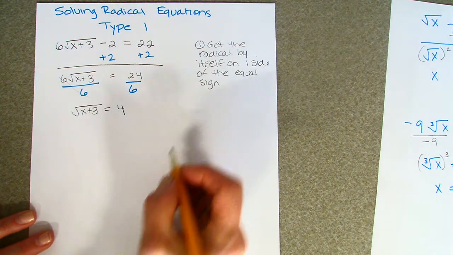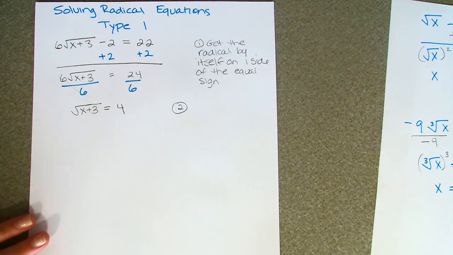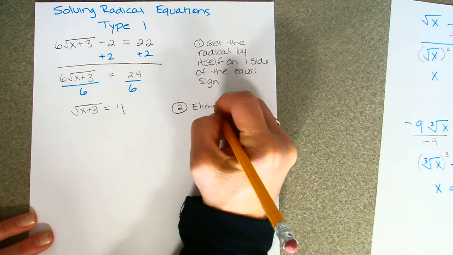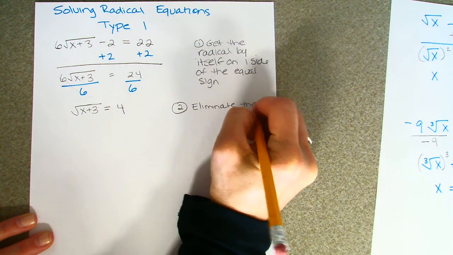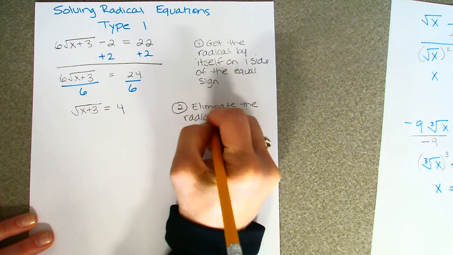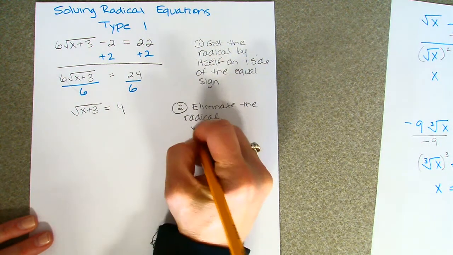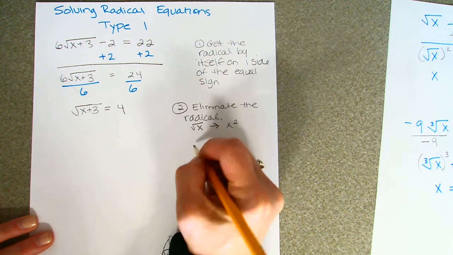So our next step is going to be to raise each side of the equation to the same exponent to eliminate the radical. So here we are going to eliminate the radical. And we know that if we have a square root of x, we would square it.